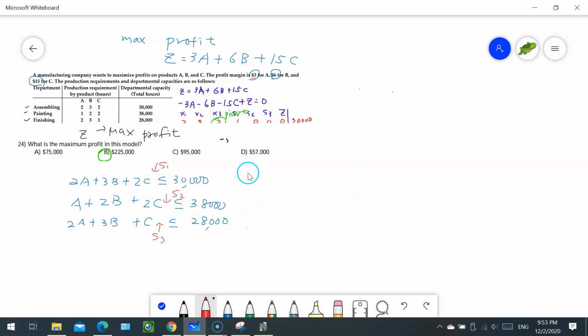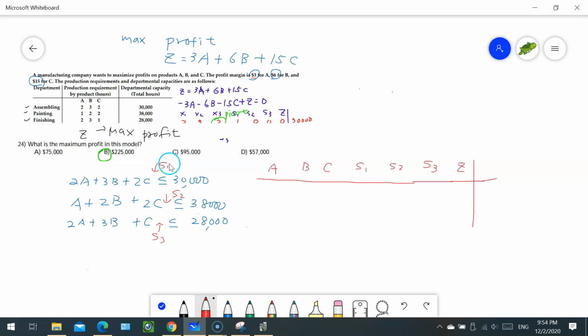Now we are going to create a tableau. So the tableau, we have the A, B, C, S sub 1, S sub 2, S sub 3, and a Z. Alright, now we fill in the coefficient number of each inequality.